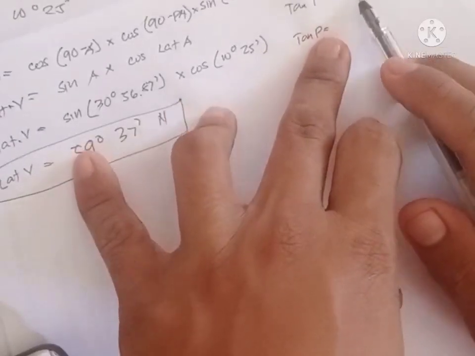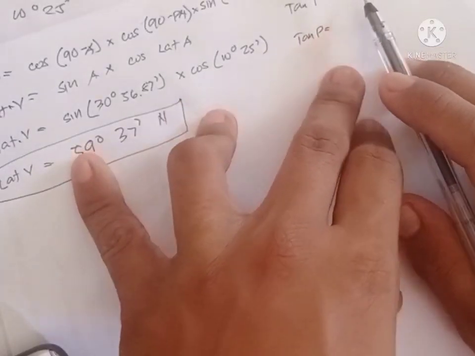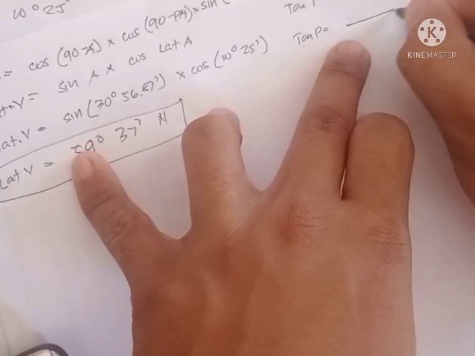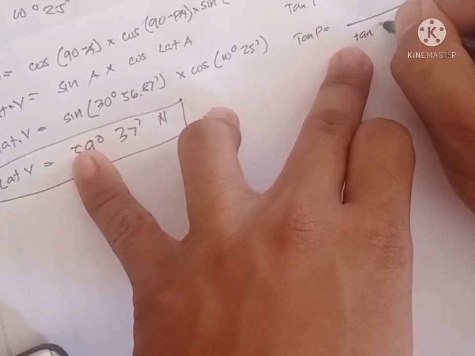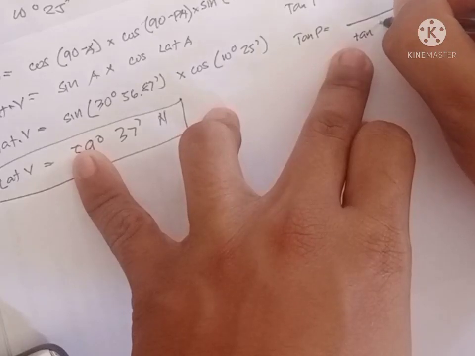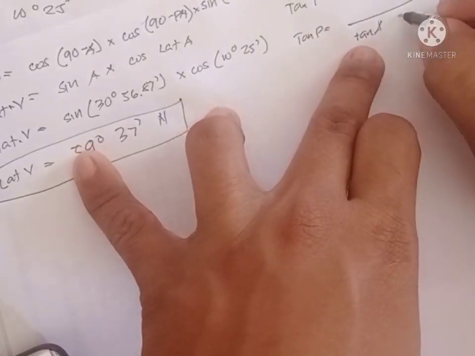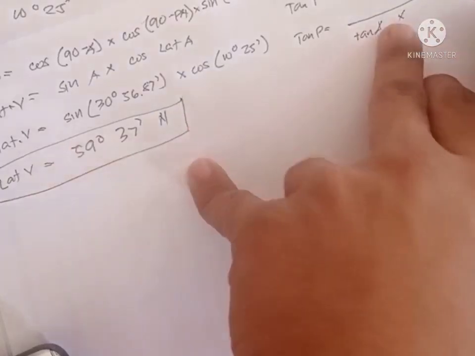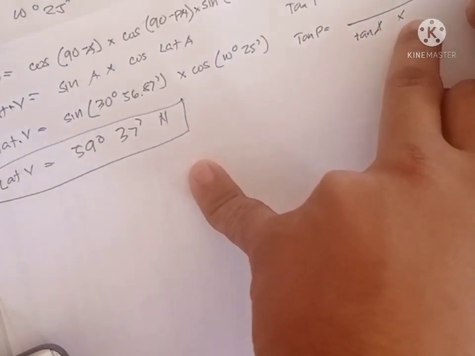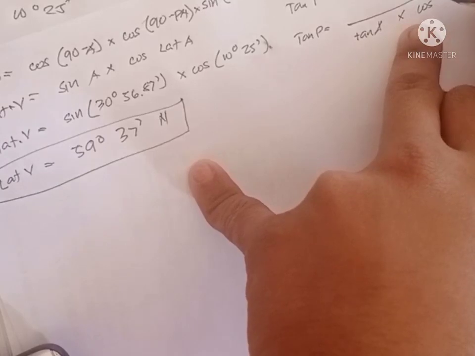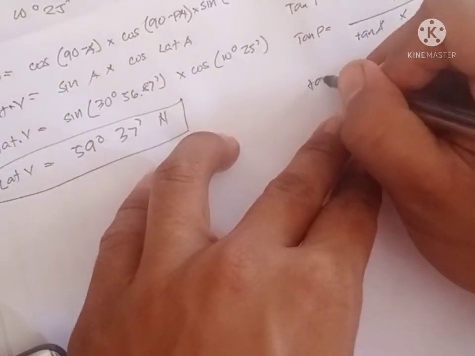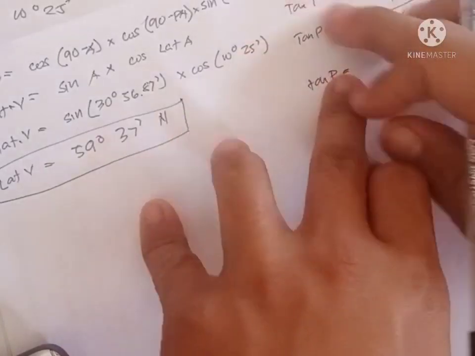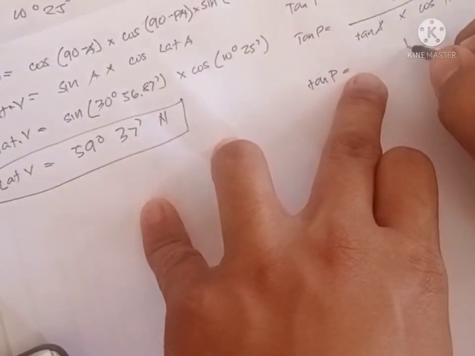So the inverse of cotangent is tan A, and the inverse of secant is cos PA over 1.